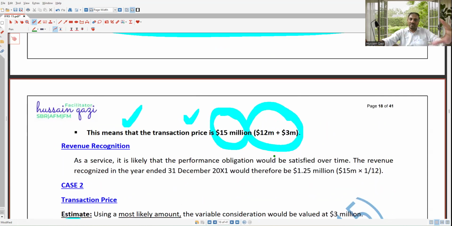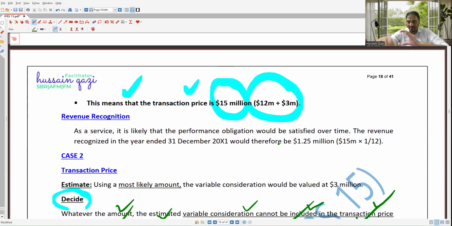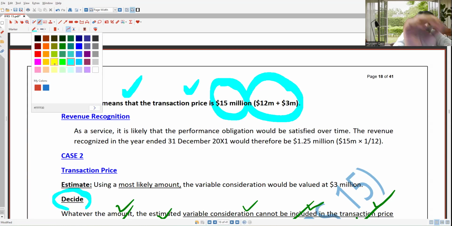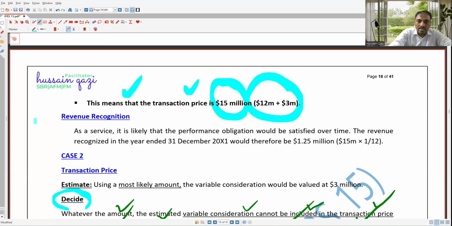Okay, this is about the variable consideration. One additional point I wanted to discuss here is not about step 3. It's about revenue recognition, but you can easily pick it up.